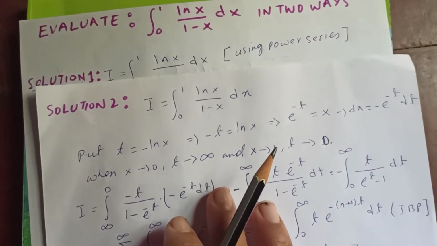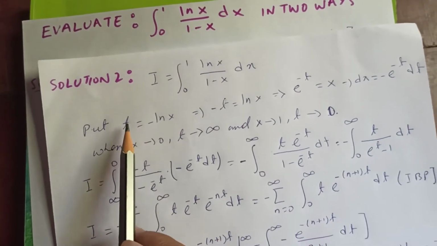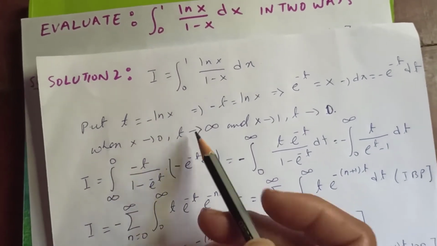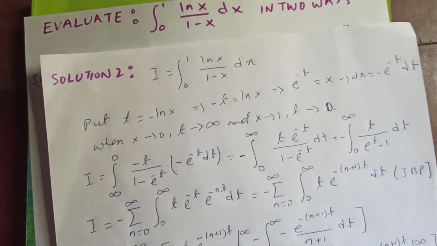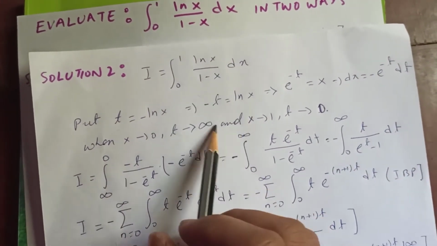We are going to substitute t equal to minus ln x, meaning minus t is equal to ln x. We substitute ln x to be negative t.